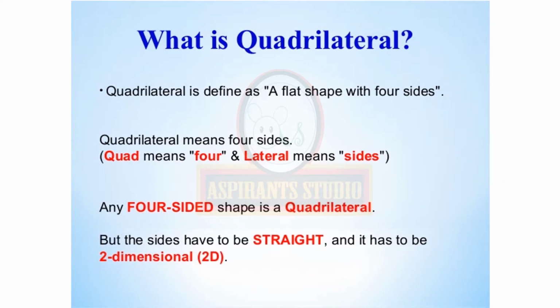Now what is a quadrilateral? Quadrilateral is defined as a flat shape with 4 sides. Quadrilateral means 4 sides. Quad means 4 and lateral means sides. Any 4-sided shape is a quadrilateral. But the sides have to be straight and it has to be 2-dimensional.